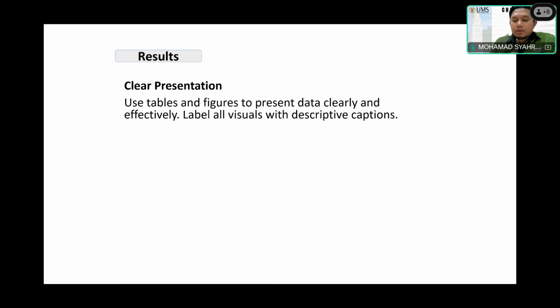For the editor's impression of your manuscript, they will look at the visuals, so please be aware of how you are going to present your data clearly and effectively using visuals.